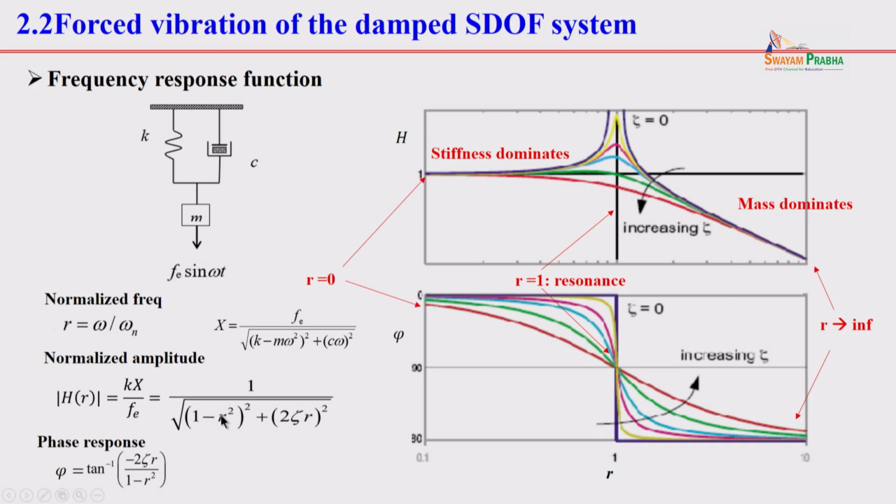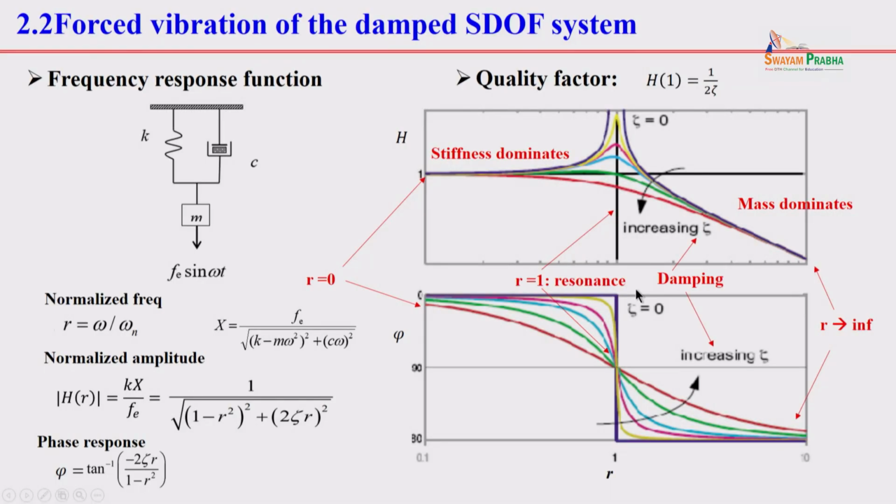When stiffness and mass cancel, with R equals 1, the amplitude is 1 over 2 zeta. We call this the quality factor, right? This is the vibration system at R equals 1. So we say damping matters around this resonance. At this resonance, the stiffness and mass cancel, and those terms disappear.